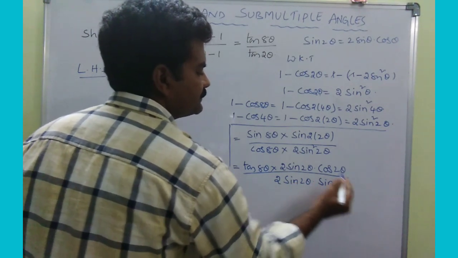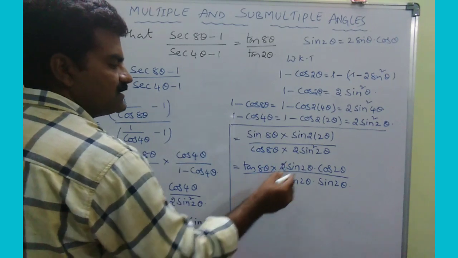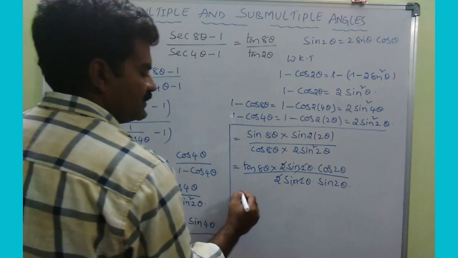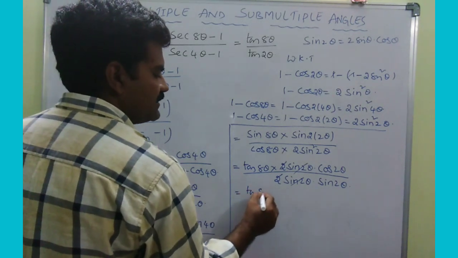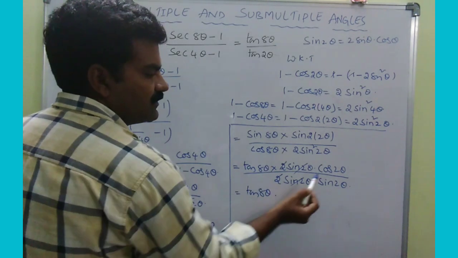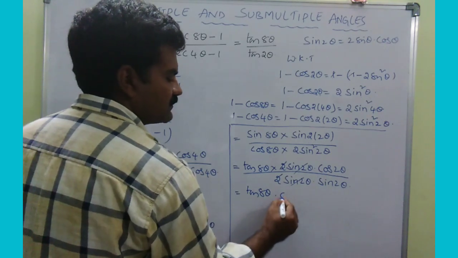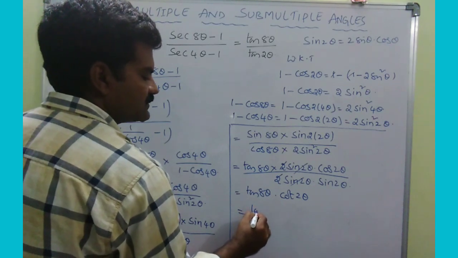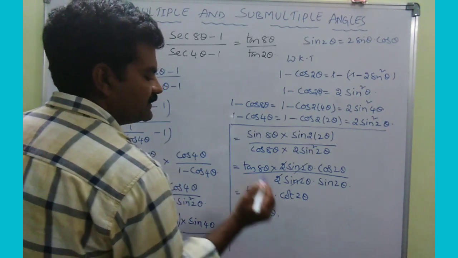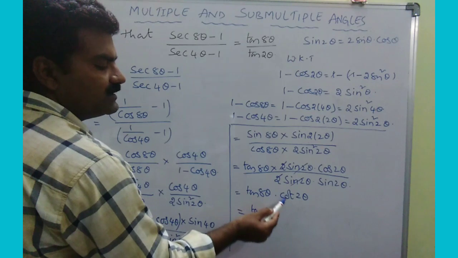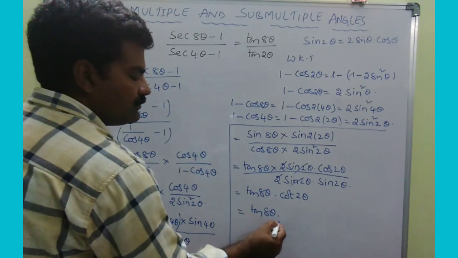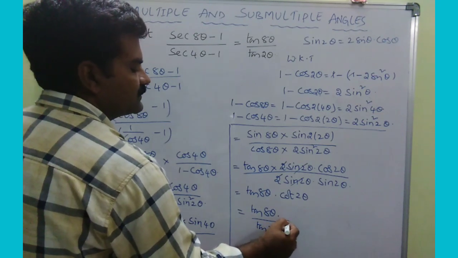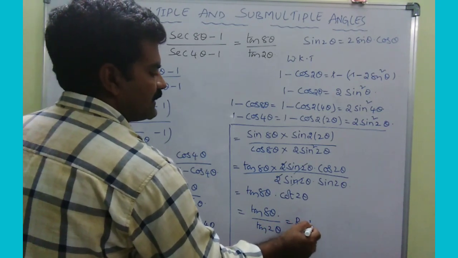Now 2 cancels, sin 2 theta is also cancelled. Now this is tan 8 theta into cos by sin, cot 2 theta. So tan 8 theta into cot 2 theta can be written as 1 by tan, that is, by tan 2 theta. So which is the RHS.